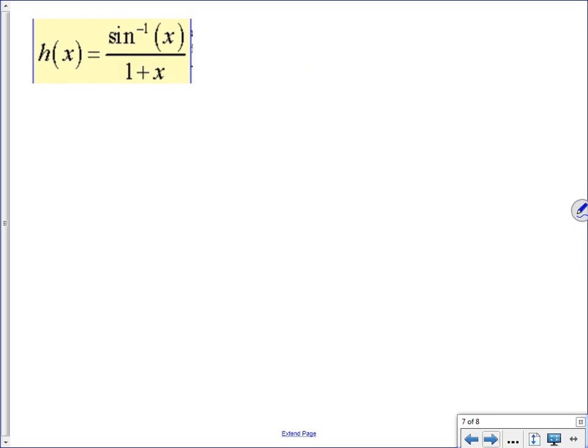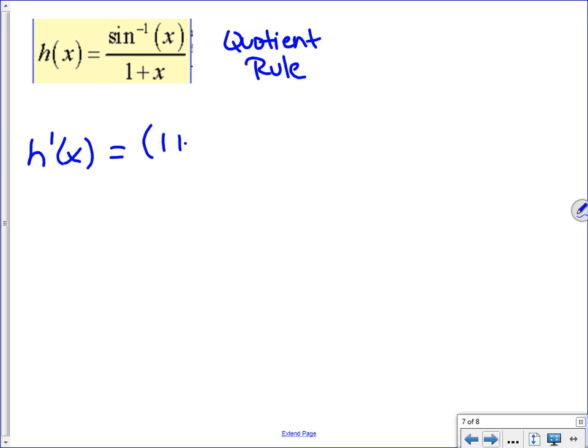Okay, now let's look at this example. Hopefully you're seeing that fraction bar, and so that's making you think quotient rule, okay? So we're going to use quotient rule here. So h prime of x will equal low d high.